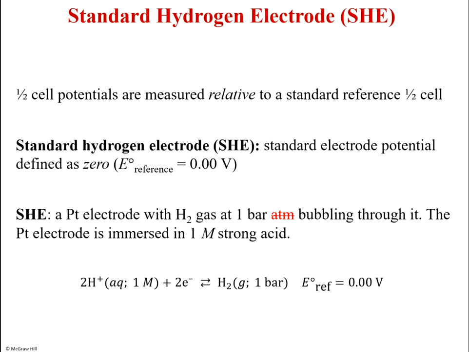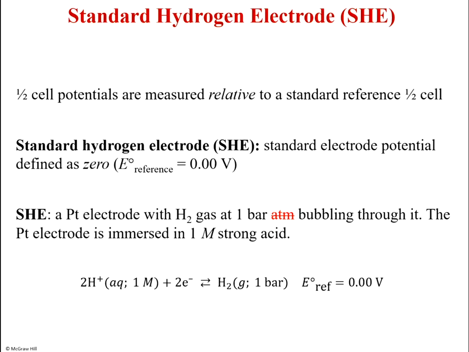Now, we have to have a standard upon which we base everything. You can't have a half cell working by itself. A half cell alone will not give you a voltage. If we could measure one, then we would have an absolute measure, but we can't do that. So just as we have for enthalpies and for free energies, we have a standard, and the standard we use is the standard hydrogen electrode.